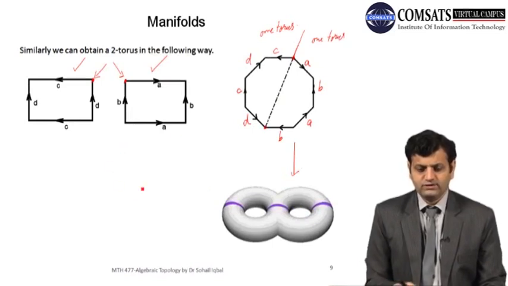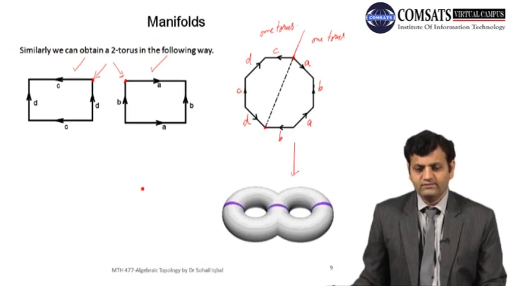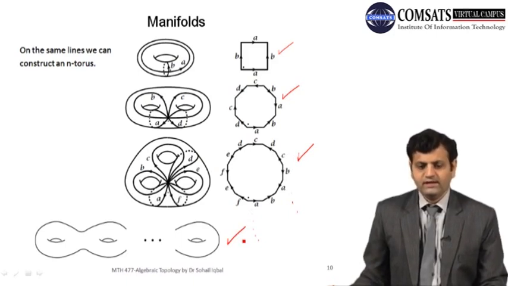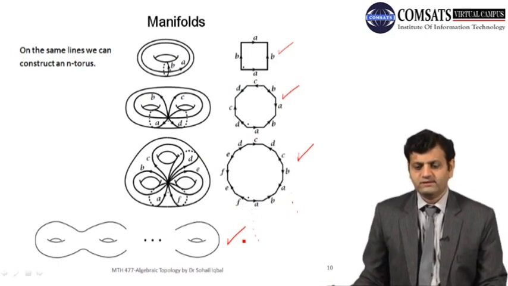Take another square with sides, let's call them G and F, then cut them down and glue them, and we will obtain a polygon like this, and identifying the same labeled sides of this polygon will give me a three torus. I can continue with this process of adding more and more tori, and in general I can obtain a torus with n holes. So we can obtain an n torus by identifying sides of a polygon.